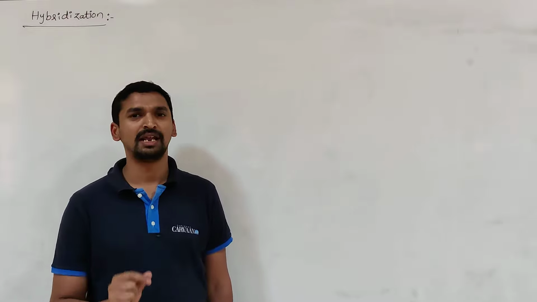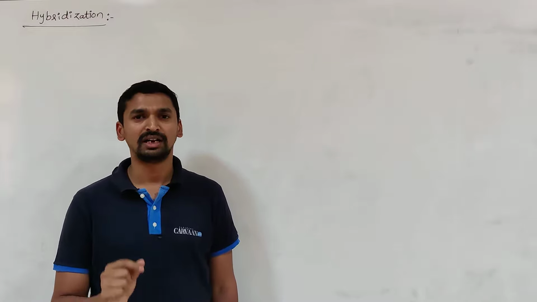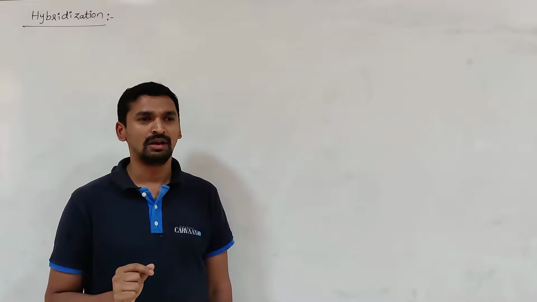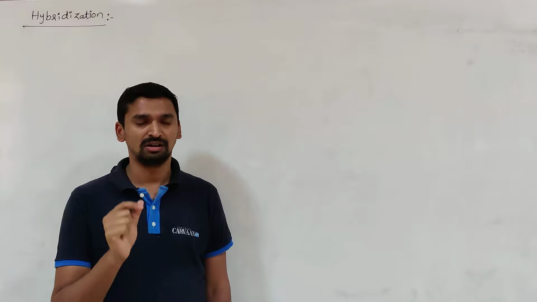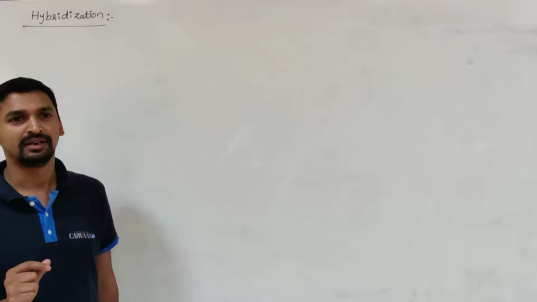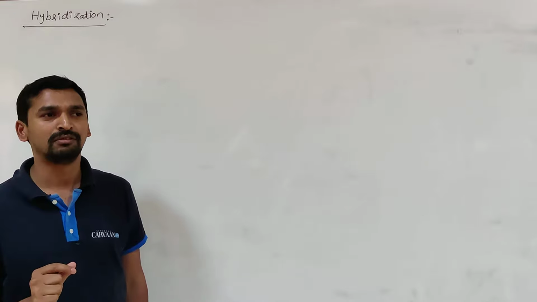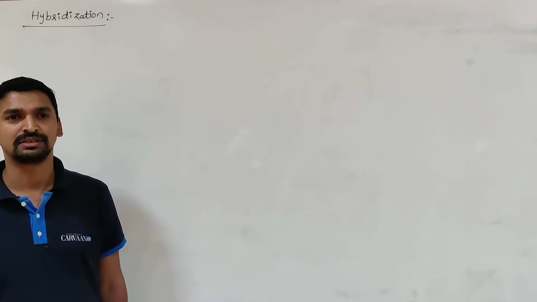But in a polyatomic molecule, what is the geometry? How can valence bond theory explain the geometry of polyatomic molecules, that is our concept.